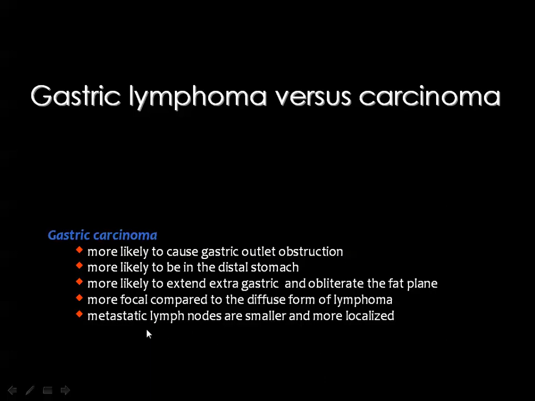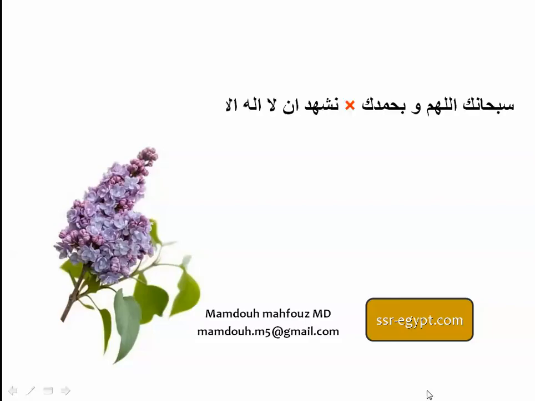Also, metastatic lymph nodes in cases of carcinoma are usually small and more localized and discrete, while in cases of lymphoma, lymph nodes are usually bulky, they are usually amalgamated, and they do not usually contain areas of breakdown.